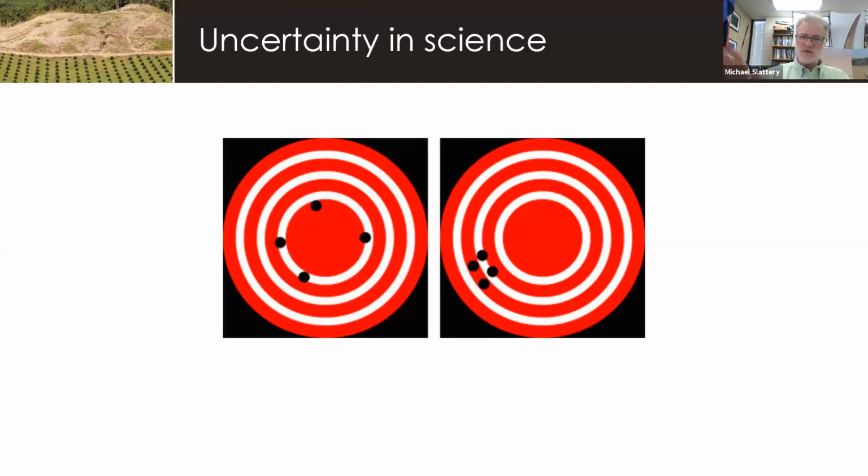Here's a dartboard, and let's say you're playing darts and you've got four dots. On the left is what one distribution looks like, and on the right is what another distribution looks like. These two distributions illustrate the terms accuracy and precision. The one on the right, those four dots, are much more accurate.